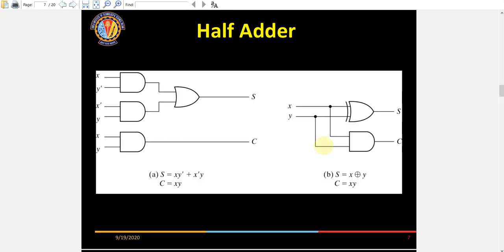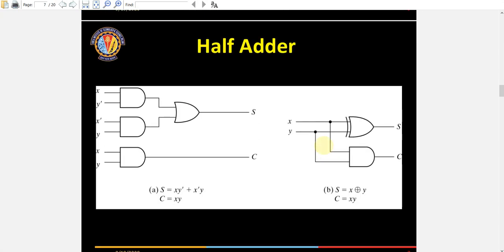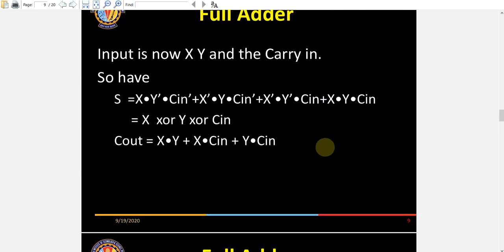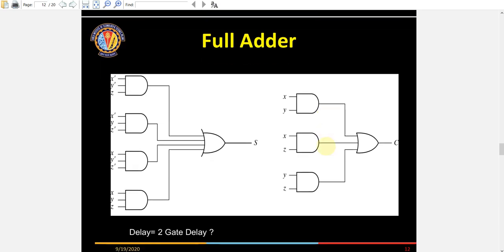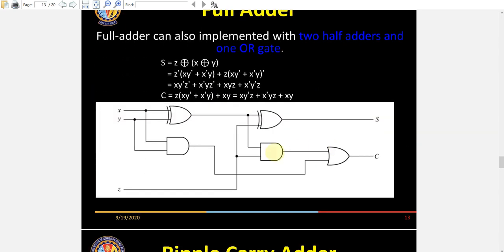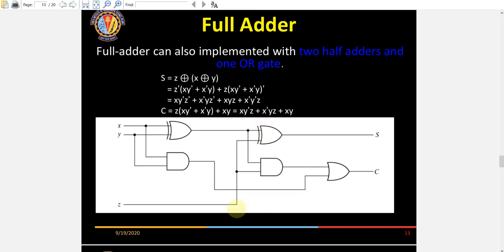This was the half adder. If I am talking about this full adder implementation, it has got a lesser number of gates than the previous one we discussed, but it has got 3 gate delays, because if you see, it is coming here 1 gate delay, second gate delay, and 3 gate delay.